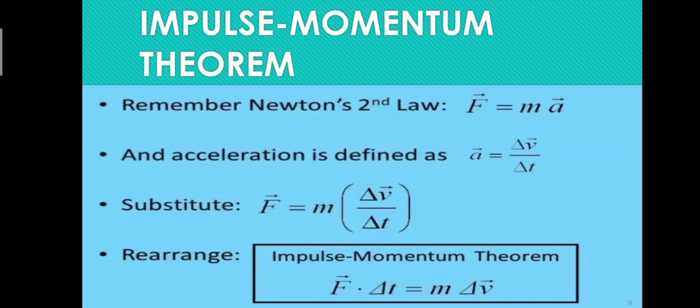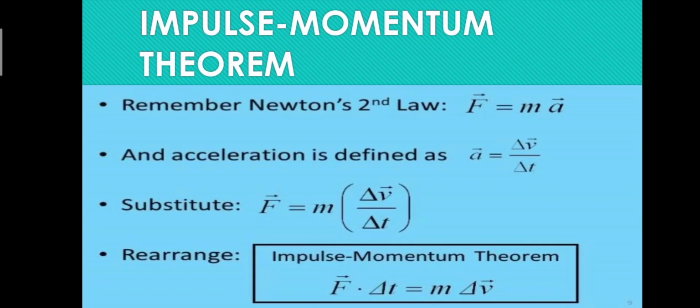Next, rearrange. Rearrange the equation so there are no terms in the denominator. Since the equation is F equals m times change in velocity over change in time, let's multiply both sides by the quantity of time. So the new equation is F times change in time equals m times change in velocity.